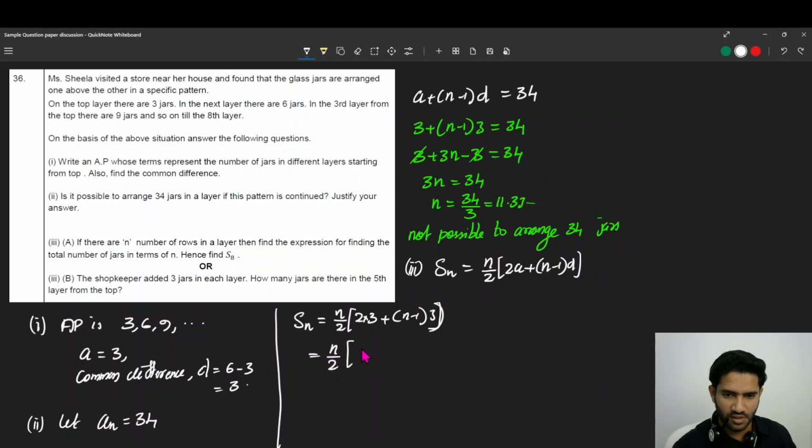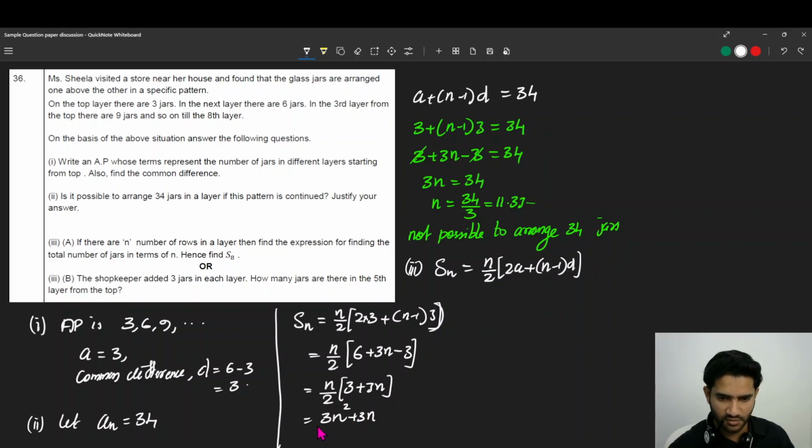That is n by 2 times 6 plus 3n minus 3. So again, 6 minus 3 is 3, plus 3n. So this is Sn, or we can write 3n square plus 3n whole divided by 2. It is the Sn. That means the expression in terms of n.